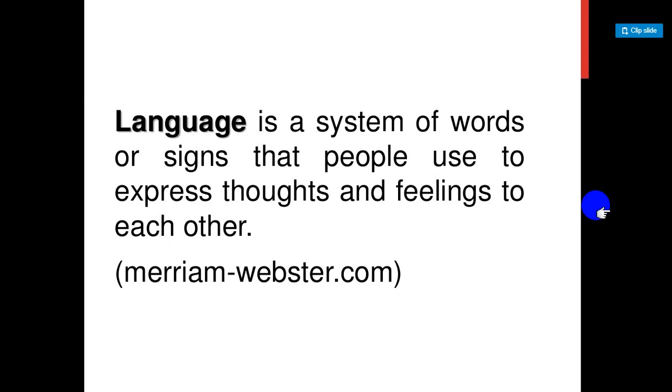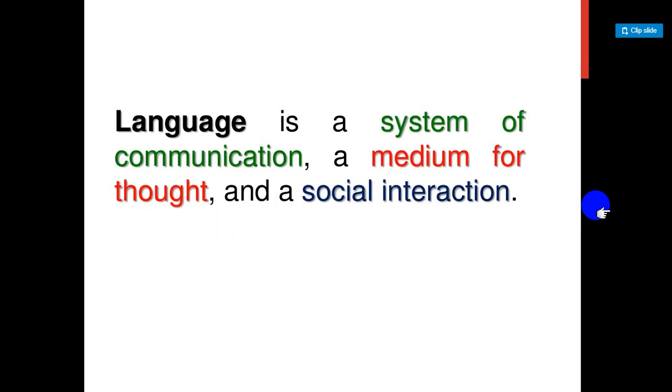Yes, people use language to express thought and feeling to each other. Okay, this is according to the website Merriam-Webster.com. Or we can say language is a system of communication, a medium for thought, and a social interaction. Okay, yes, many definitions.